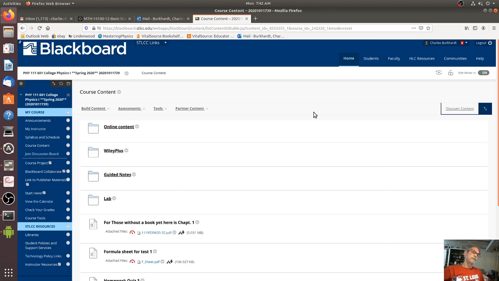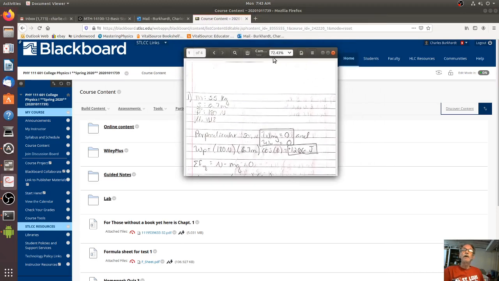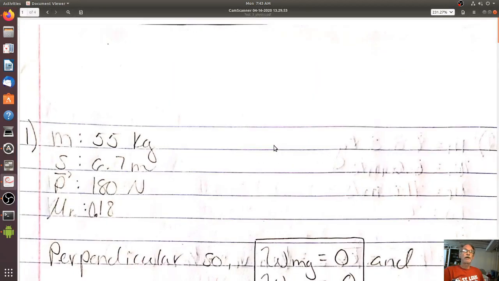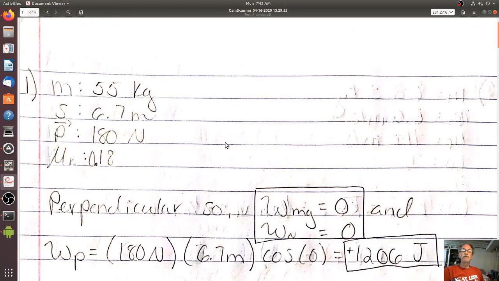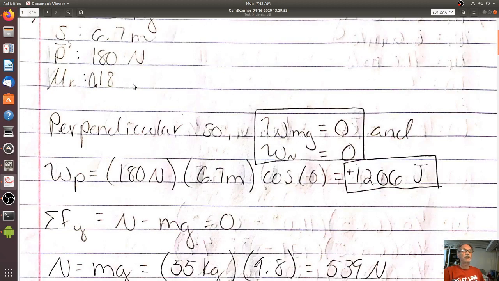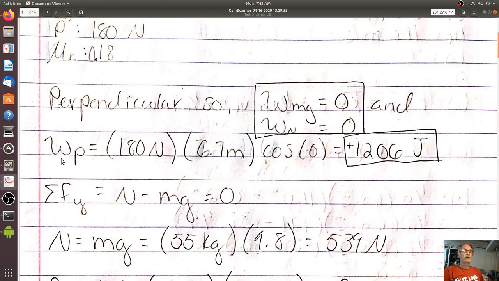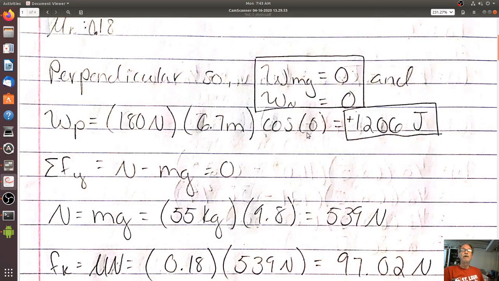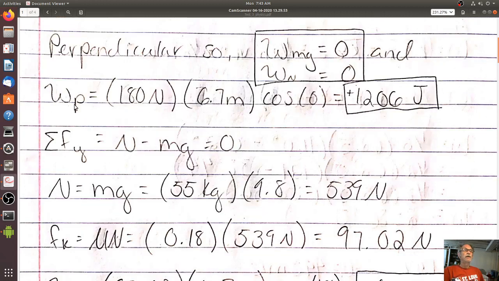Anyway, I'm going to be much more rigorous in my grading of the show your work part, and I thought I'd show you what I'm talking about. This is a submission from one of our students. Here's problem number one. There's the information given. Here's an explanation of why the work due to mg is 0. Here's the work done by the pulling force.